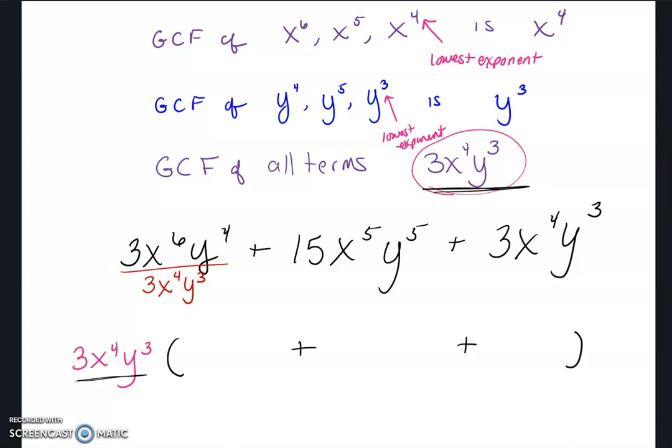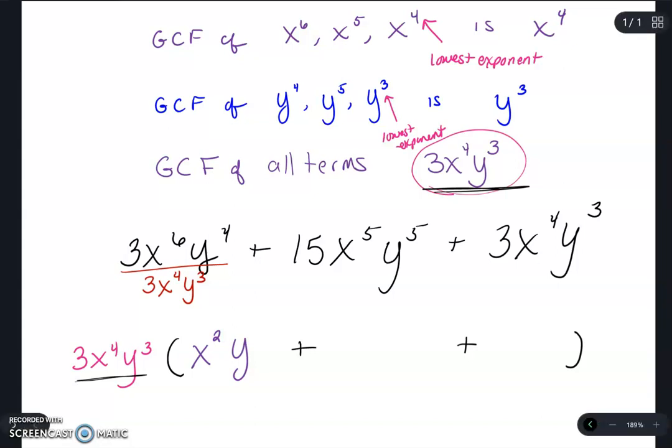I don't really need to write the 1. X to the 6th over x to the 4th leaves me with x squared. I subtract my exponents. Y to the 4th over y cubed leaves me with y. And you can check back just by multiplying 3 times x squared y, which would give me this 3x to the 6th, y to the 4th.